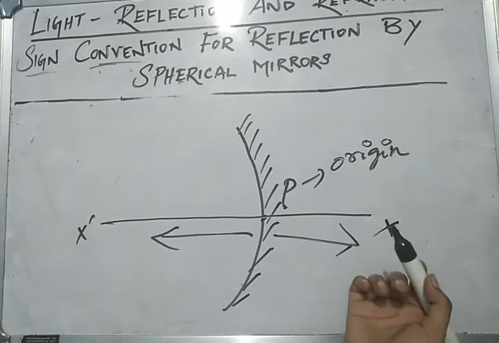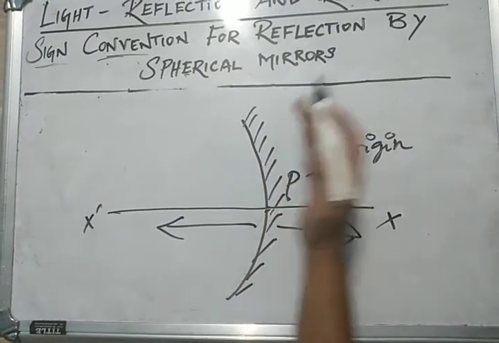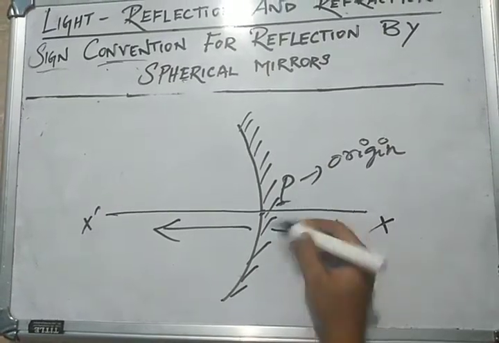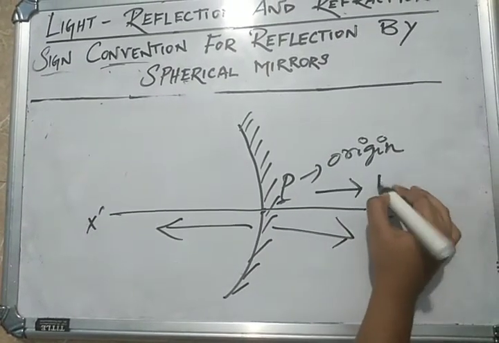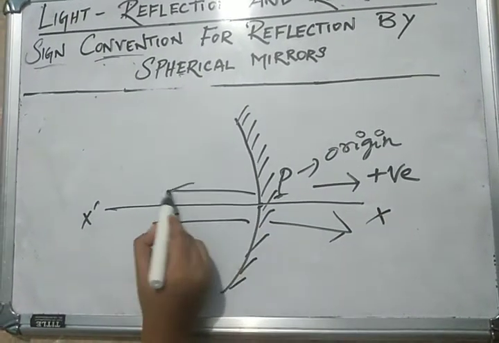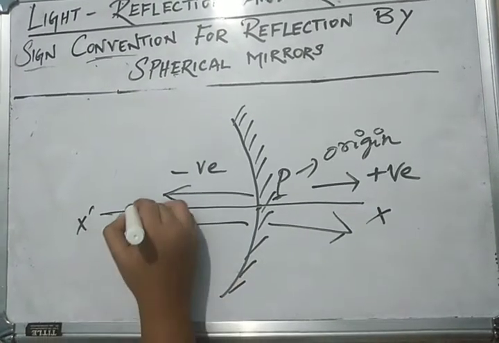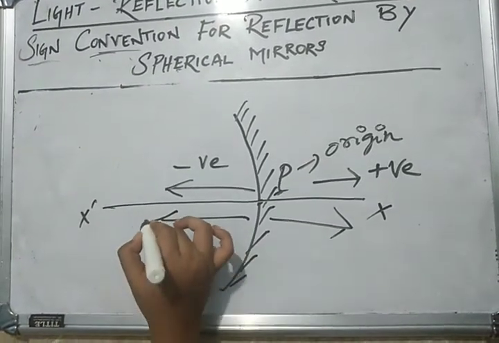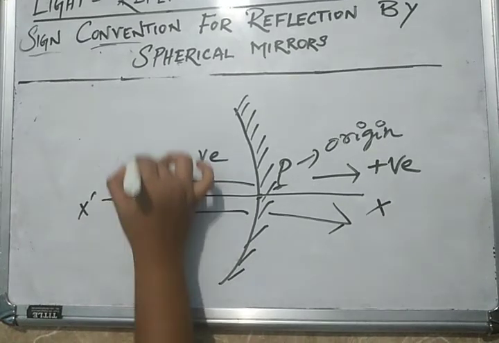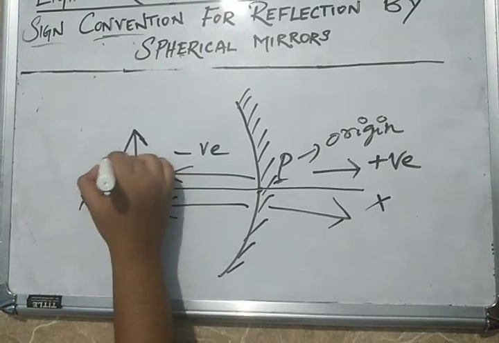The third sign convention, we learned that all distances right of the pole, right of the origin are taken as positive. Distances left of the origin are taken as negative. Then fourth sign convention, distances that are perpendicular to and above the principal axis are taken as positive.